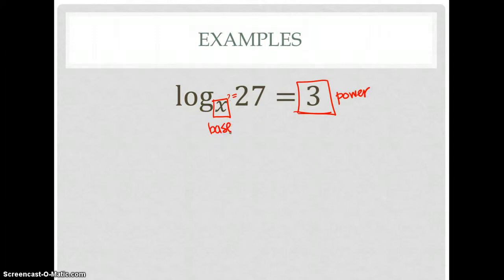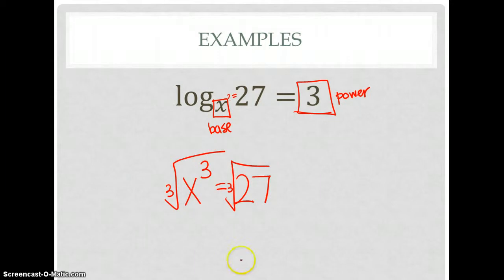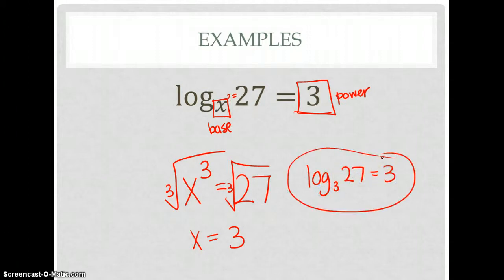So we're interpreting this as x to the third power equals 27. How can we figure out what that number is? Well, we could think about it logically, or we could actually solve this equation. We have a way to get x alone, and that's to take the cube root. The cube root, in this case, is 3. So log base 3 of 27 would equal 3.